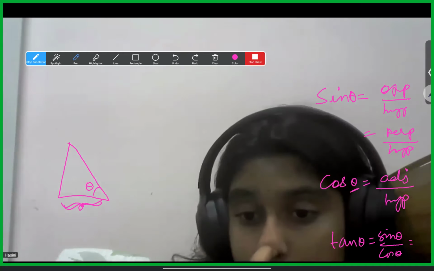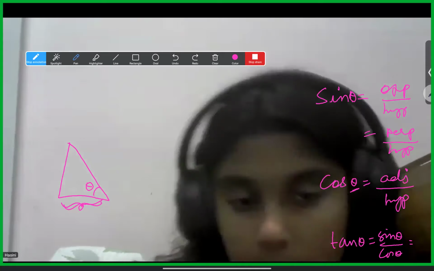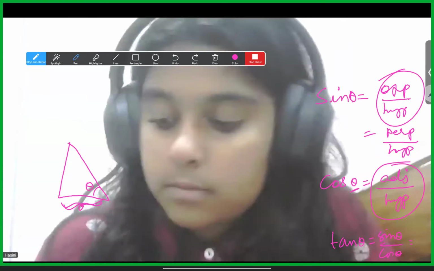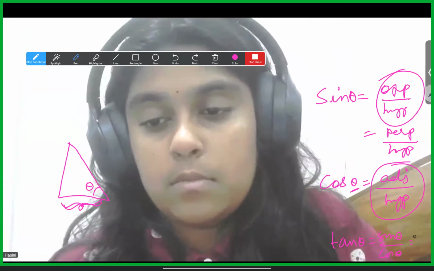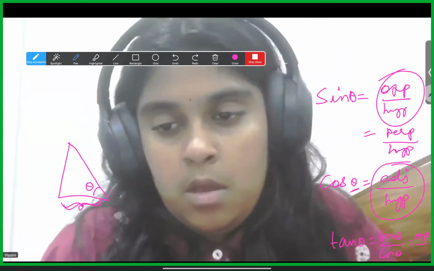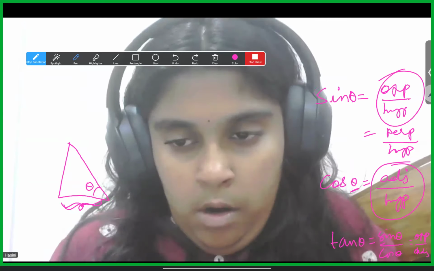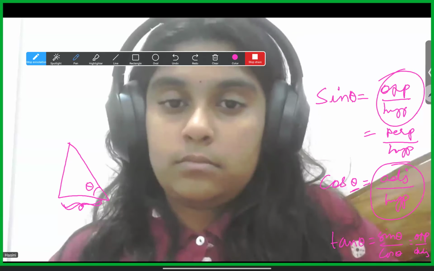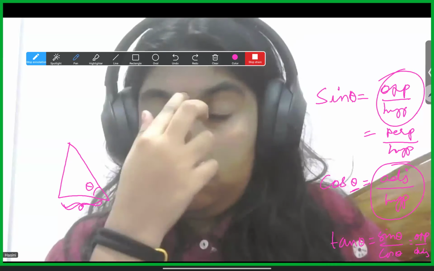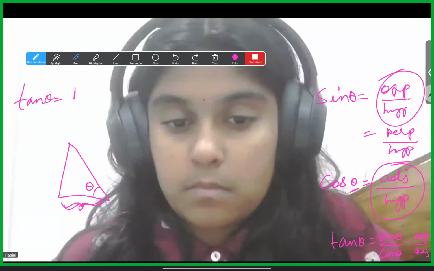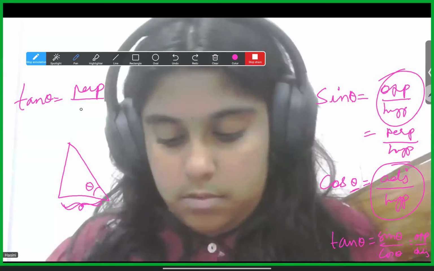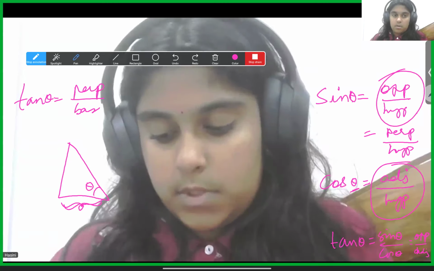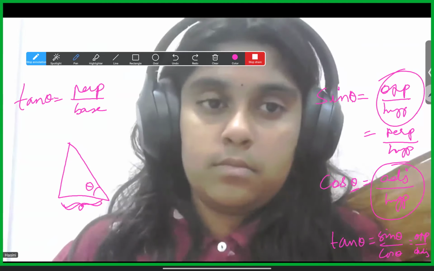Another form: if we divide these two, the hypotenuse will get cut and finally we get opposite by adjacent. Or another way we can say perpendicular by base.